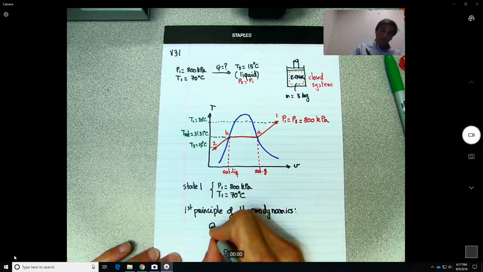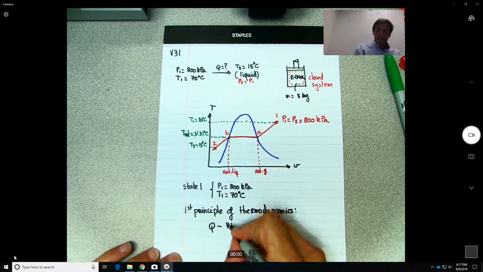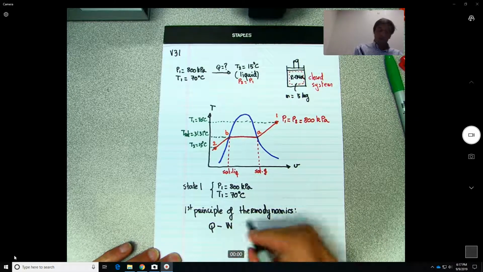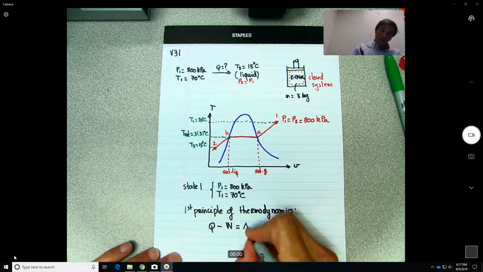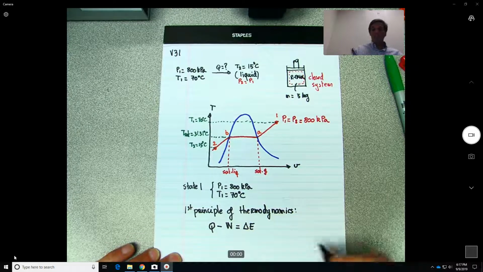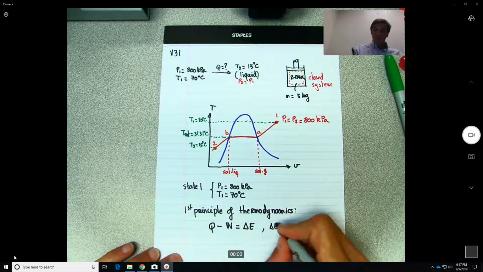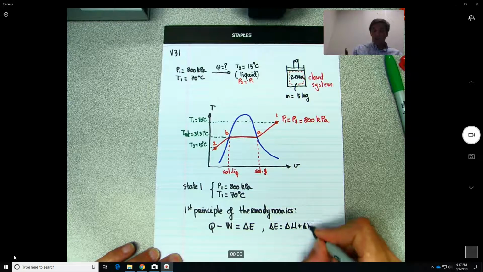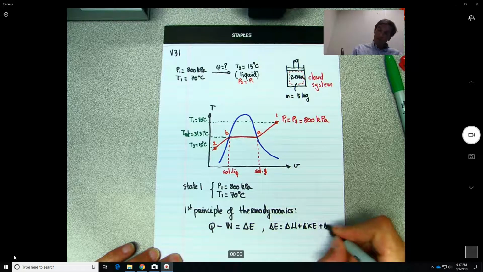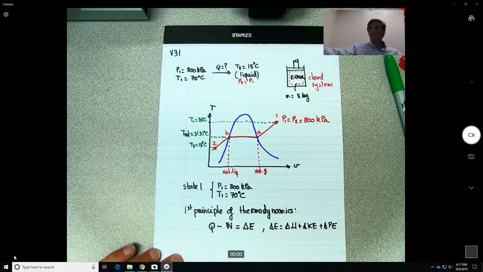You know already under this form, even though the correct sign is Q plus, your textbook uses this notation, which will be equal to the total change in energy, where this is equal to the change in internal energy plus change in kinetic energy plus change in potential energy.